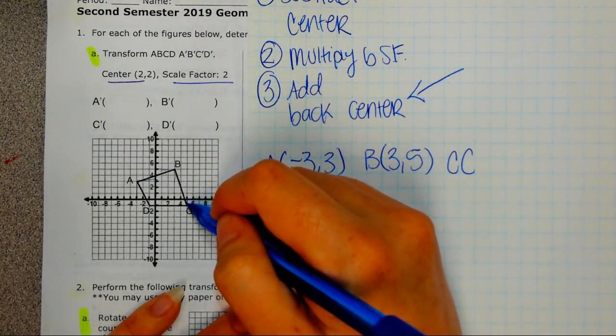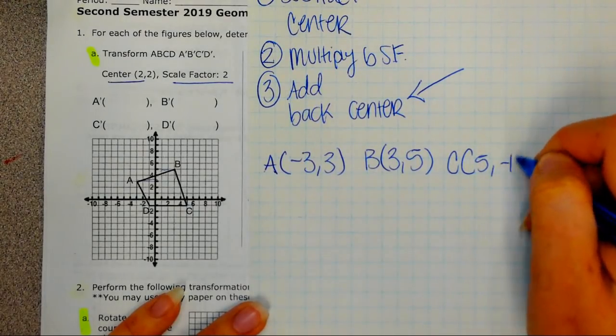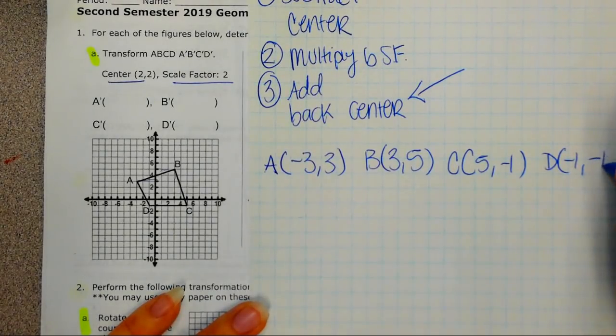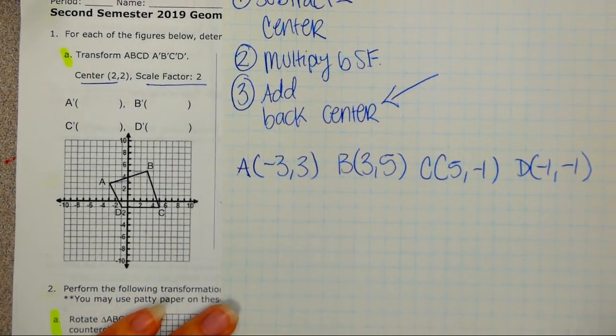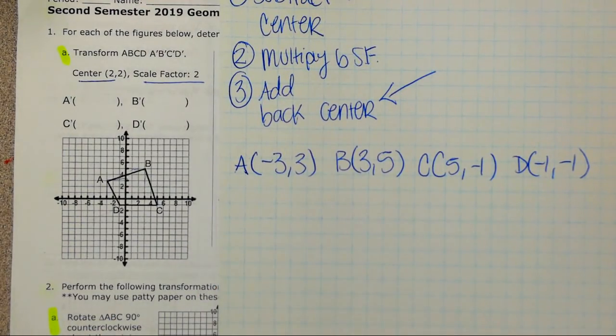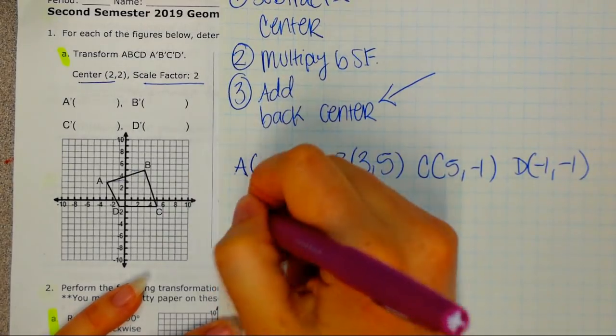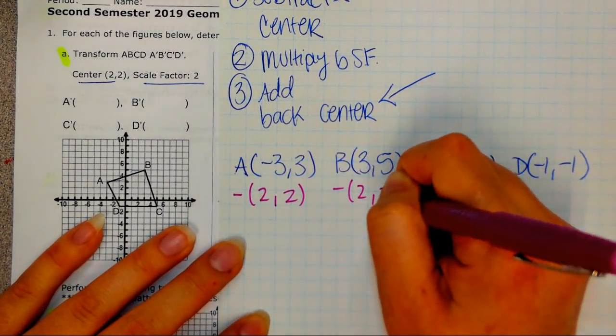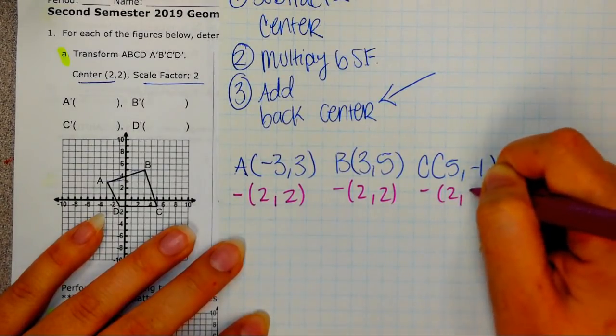C is at 5, -1. And D is at -1, -1. All right, so step 1 is that we need to subtract the center from each coordinate. So I'm going to subtract 2, 2 from each of these.